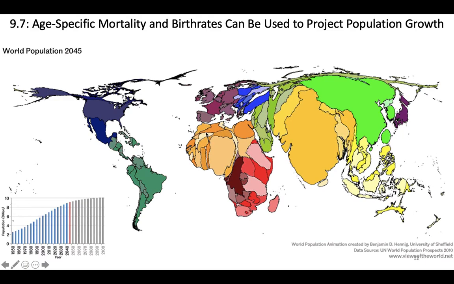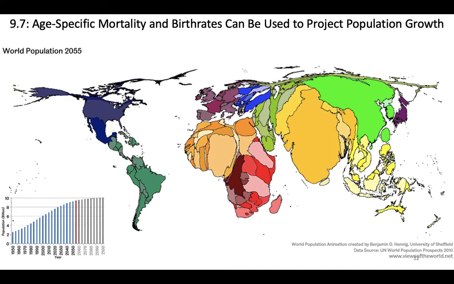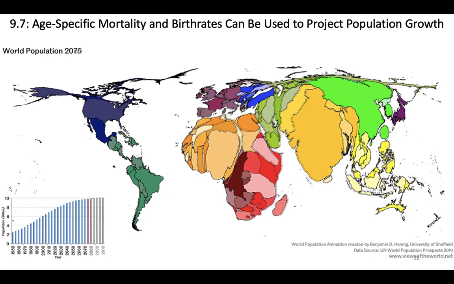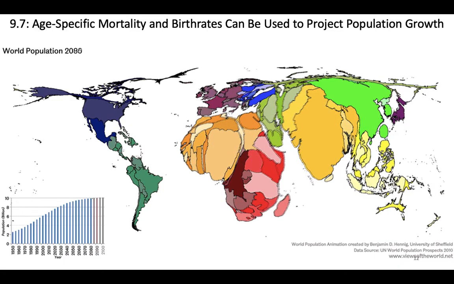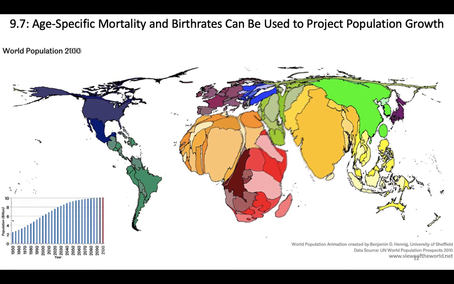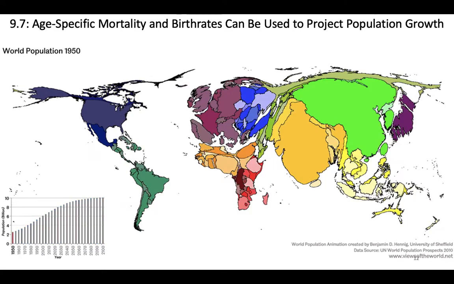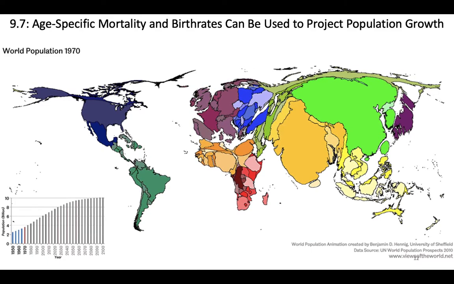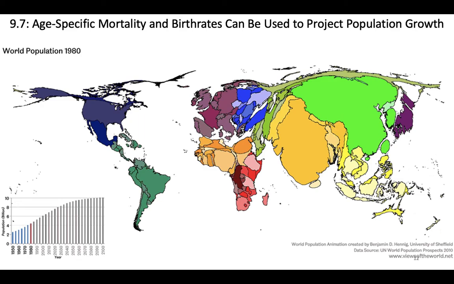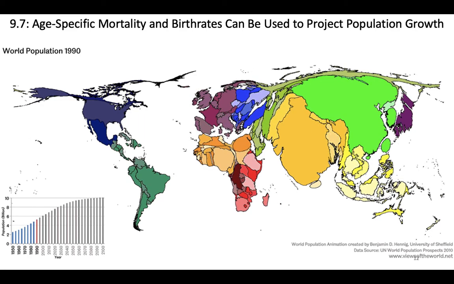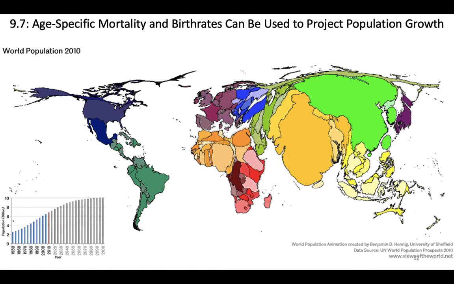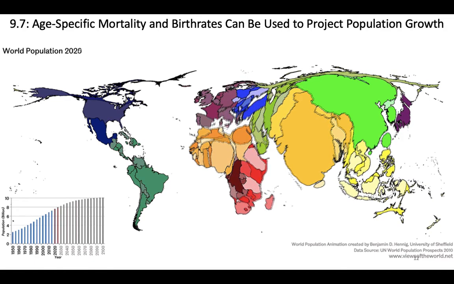You can then use the parameters and all the empirical data that you measure in current time to then calculate things like net reproductive rate or the per capita growth rate, and then extrapolate that out into the future to predict what might happen if things stay the same, if they change, if they decrease. And so that's why this kind of data is really important, is for future projections.